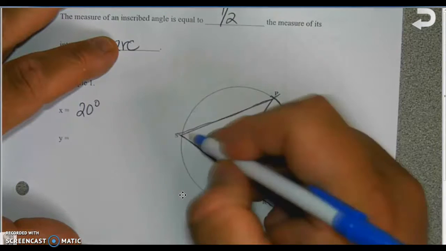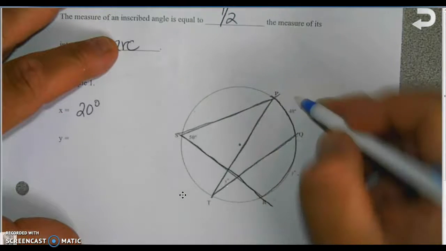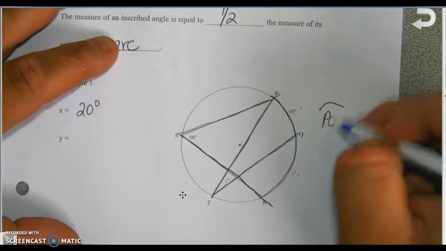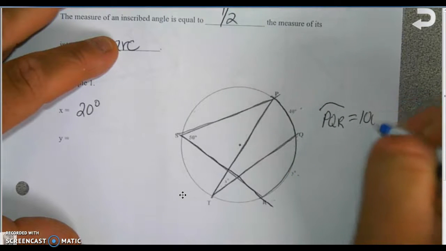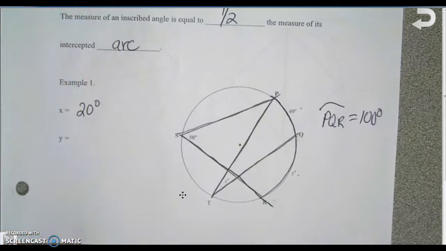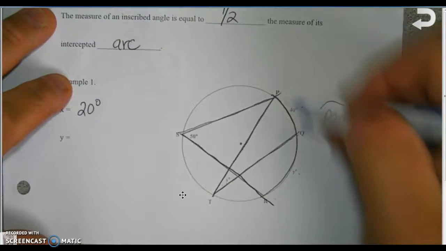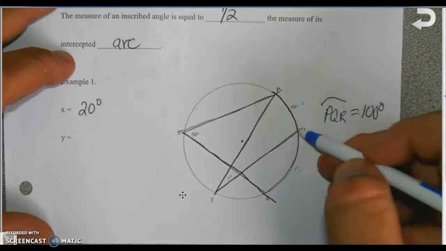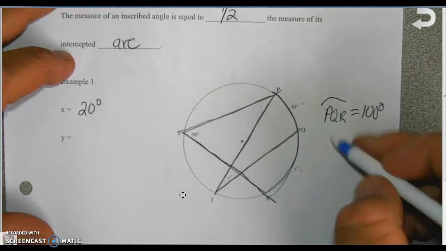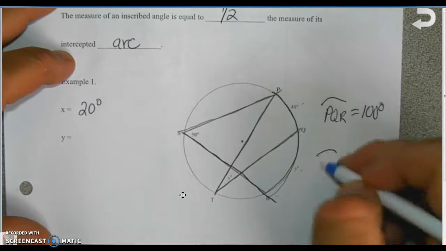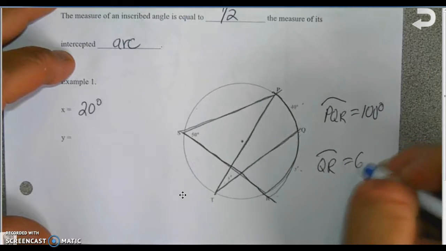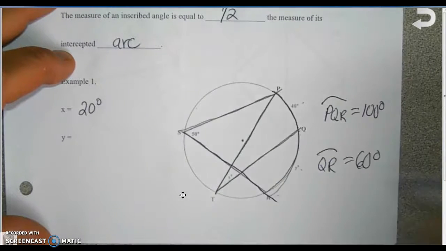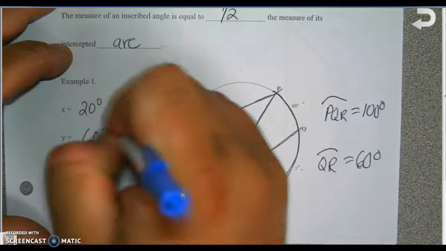And so if angle PSR is 50, then arc PQR is 100. So by knowing that PQR is 100 and knowing that PQ is 40, we can find the measure of QR, which is equal to 60. So therefore, y is equal to 60.